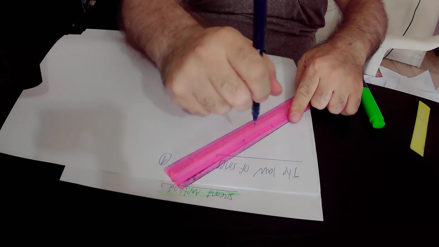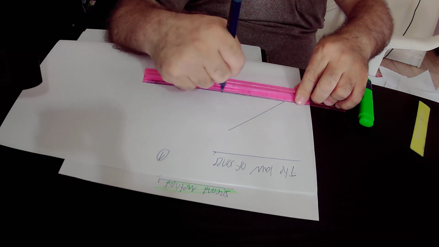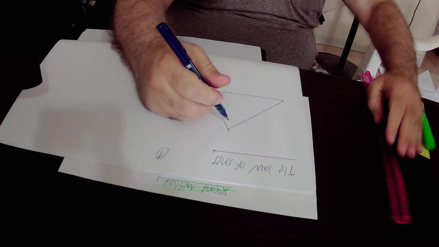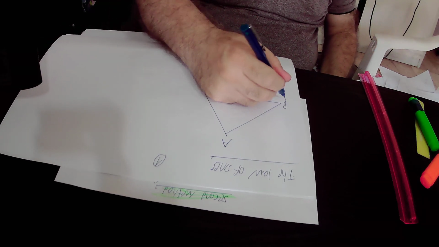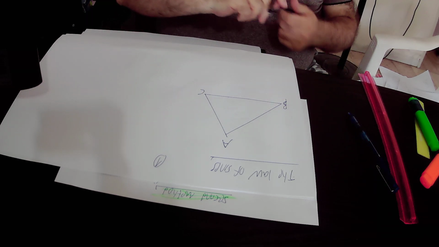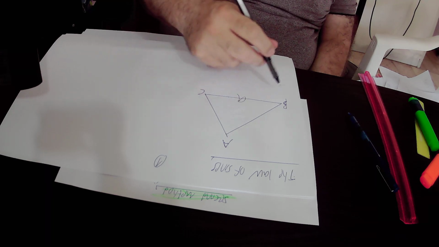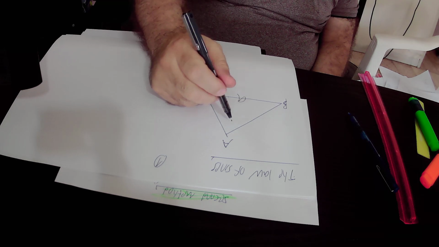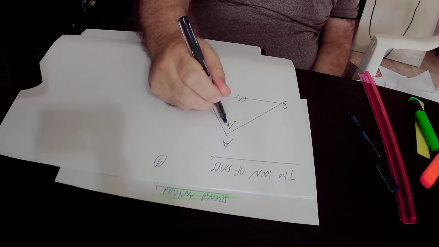So here we have triangle ABC that could be any triangle. This is triangle ABC. Side BC of triangle ABC equals a units in its length. Angle BAC in triangle ABC equals capital A degrees in its size.